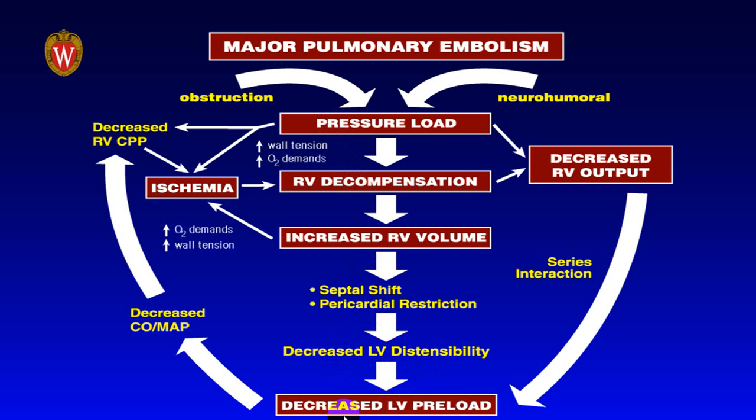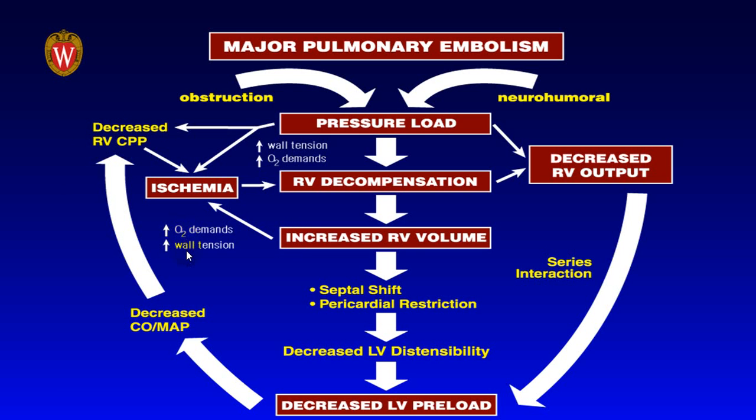Now, because of this decreased LV preload, decreased cardiac output, fall in mean arterial pressure, that will give rise to decreased RV perfusion that can produce ischemia. Increased RV volume can also produce ischemia.